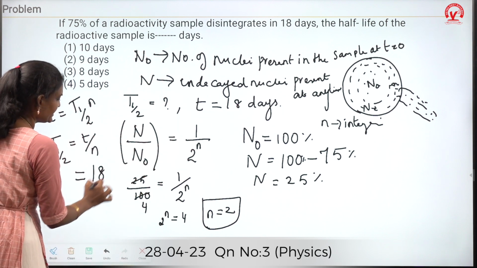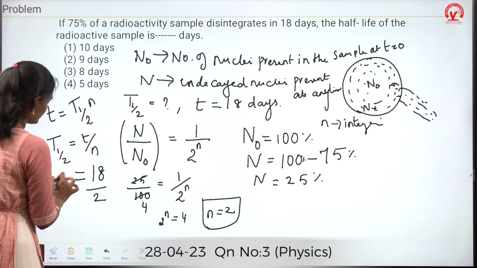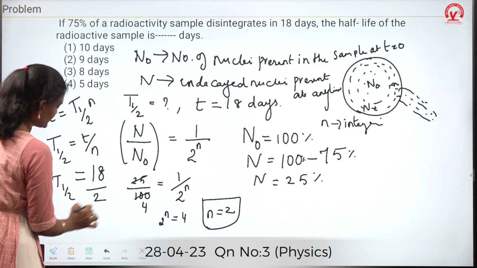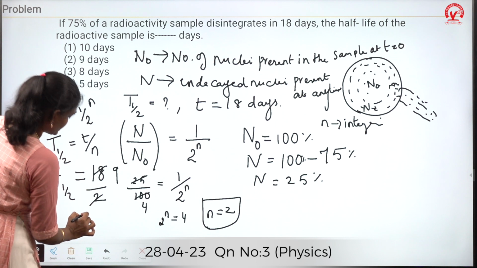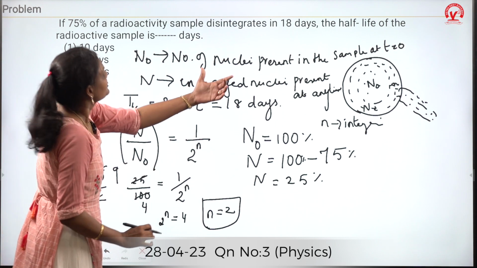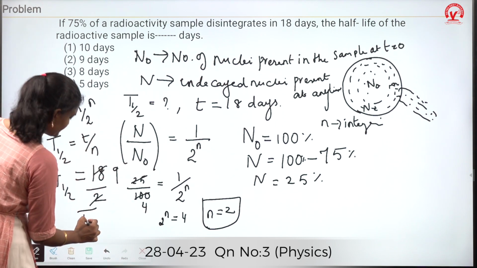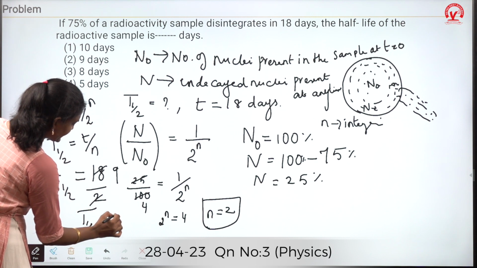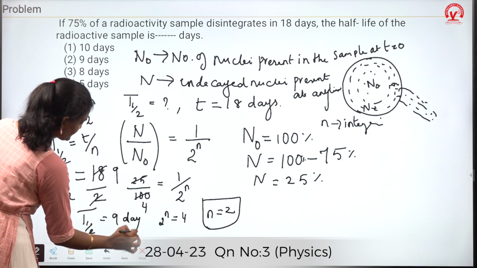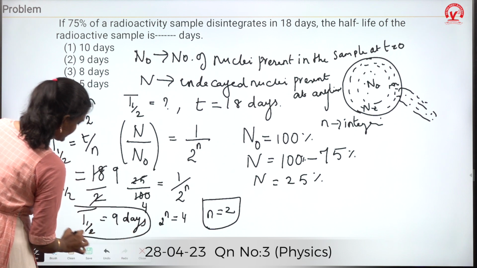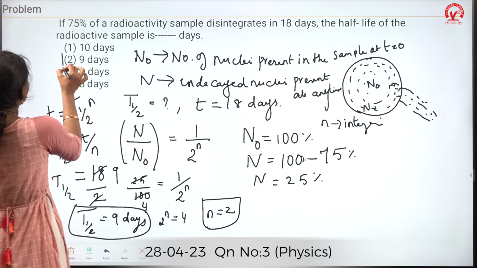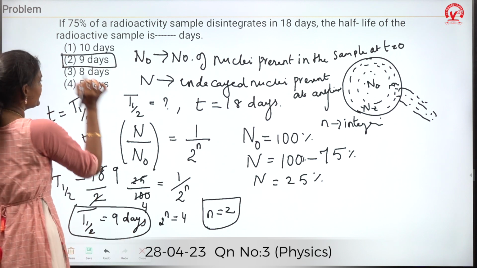So 18 divided by 2 is 9. The half-life of the radioactive sample is 9 days. So the answer is option 2, 9 days.